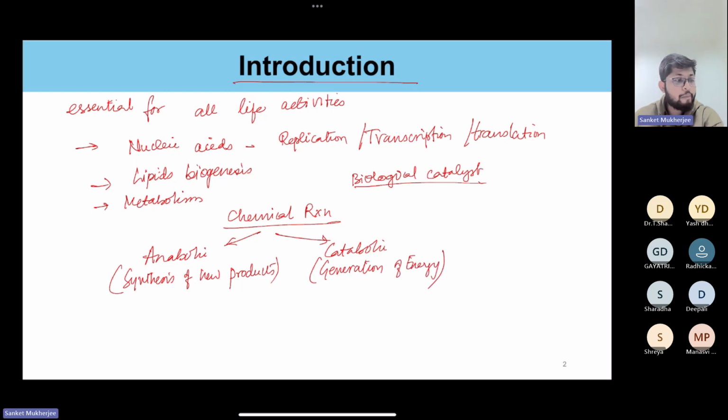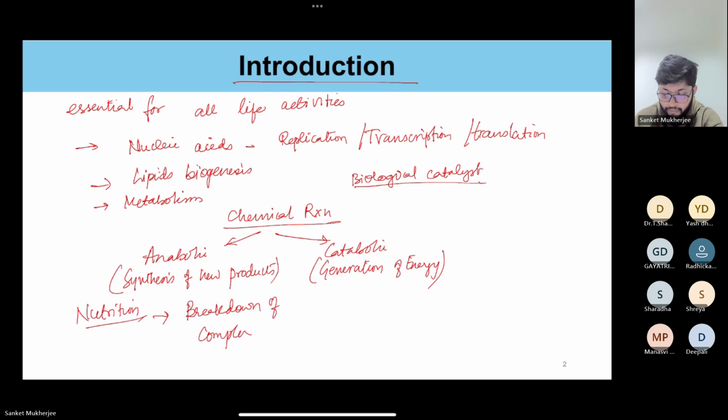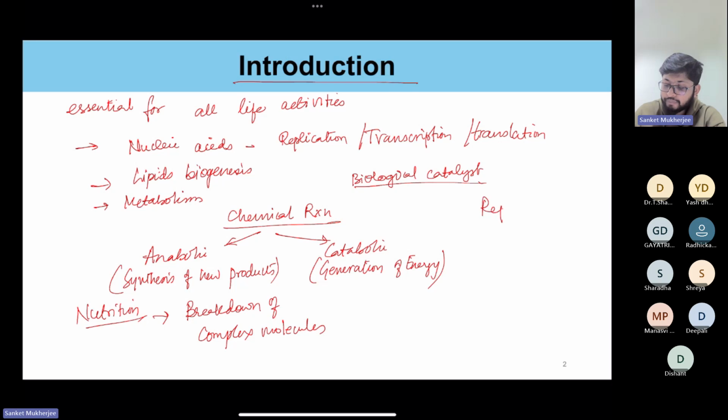Even for nutrition, enzymes are required where there is breakdown of complex molecules. We'll read about different kinds of enzymes involved in different stages. Then there is reproduction.